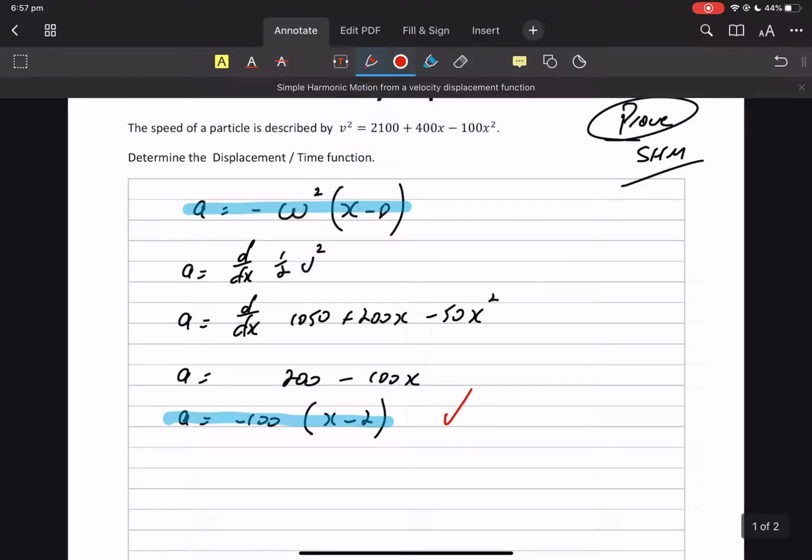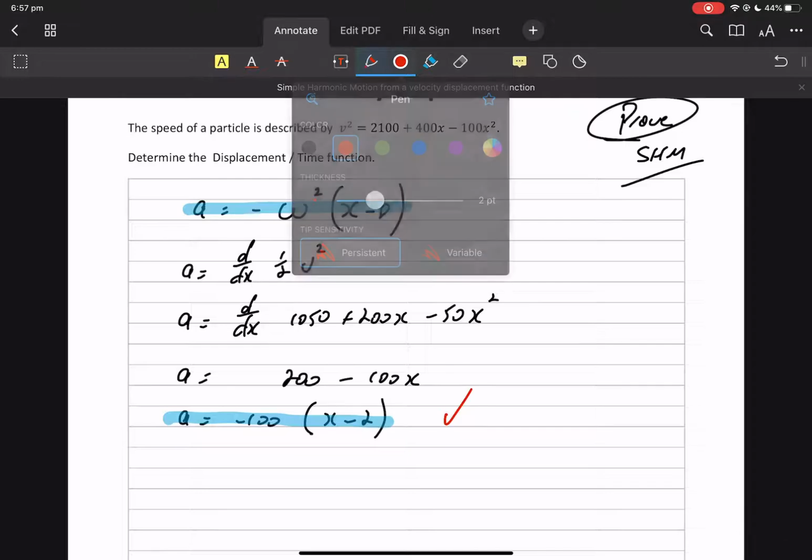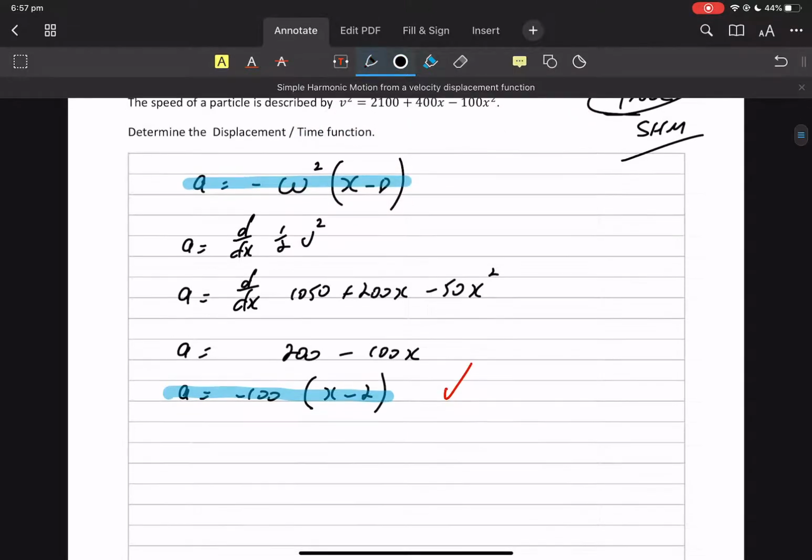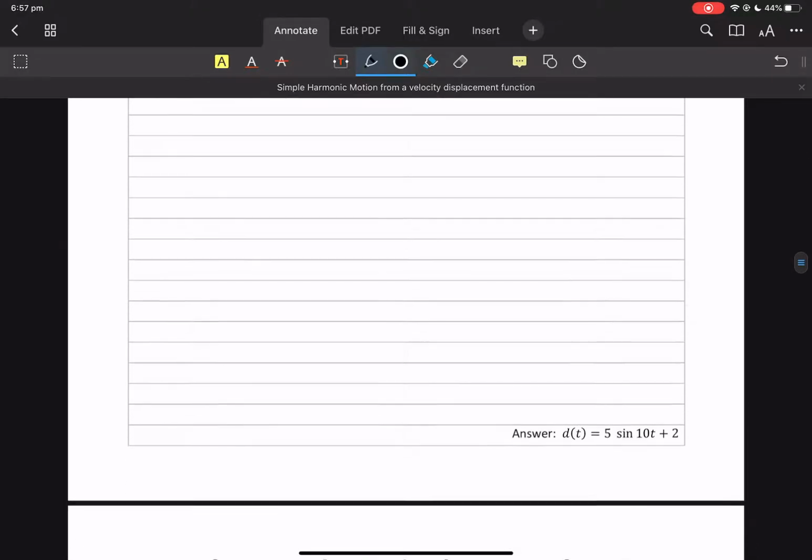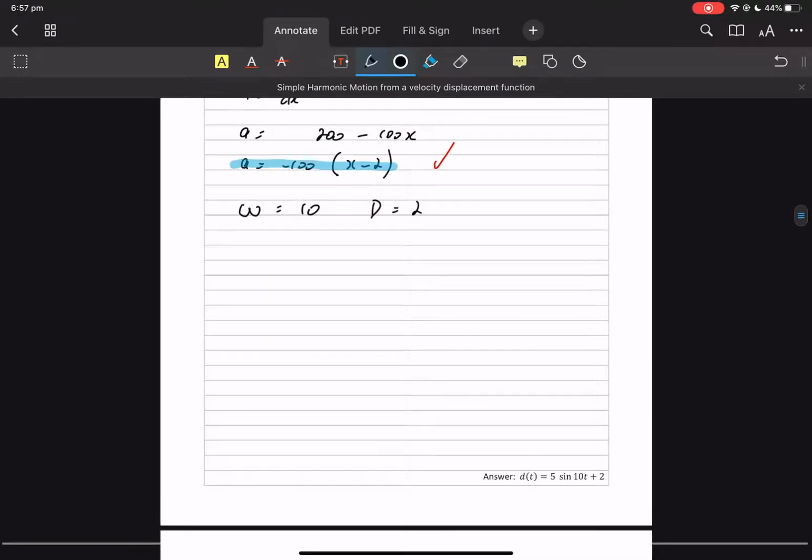That proof is done. From here, we can actually see that omega is 10. And we also know that d, the centre of motion, is 2. Let's see where that gets us. So I know I've got the answer down there, but let's just... so I've got d t.